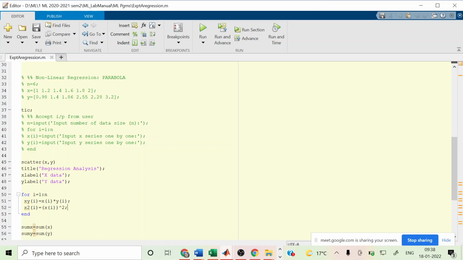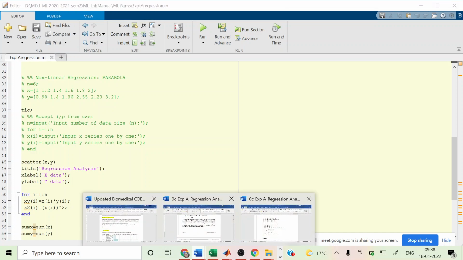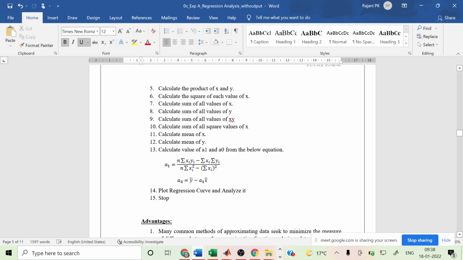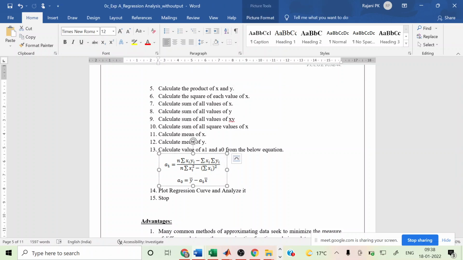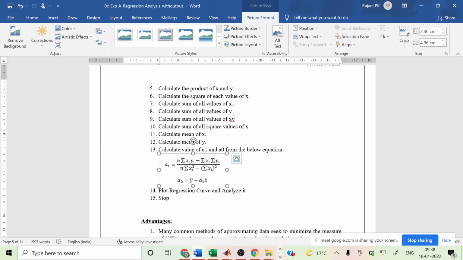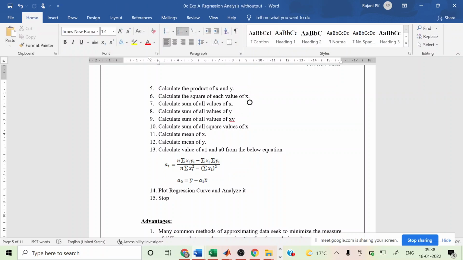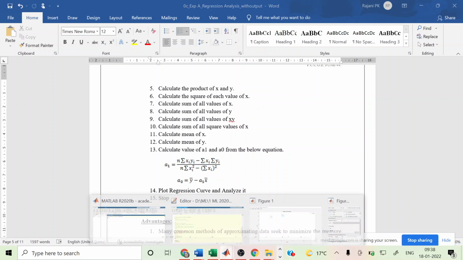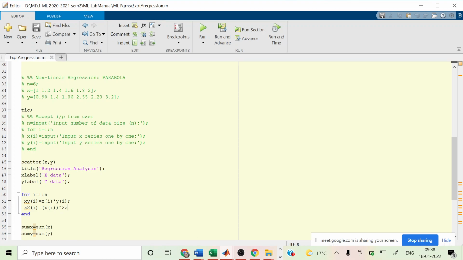So the same thing we did in the problem, we are doing here. Then summation of xi into yi, then xi square. After doing all this, next is the square of each of the x. Okay, here xy and x square.